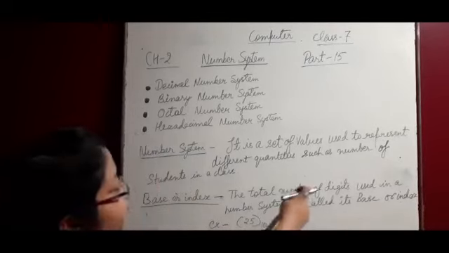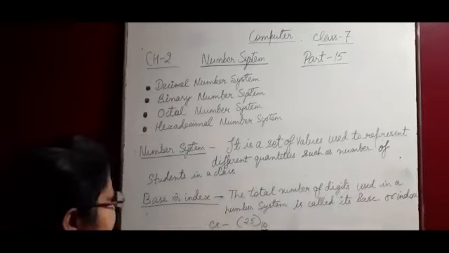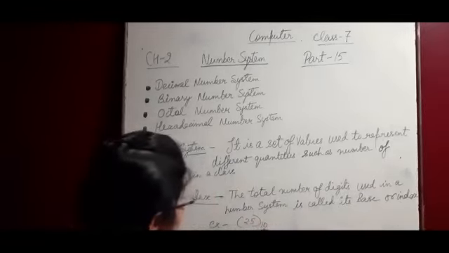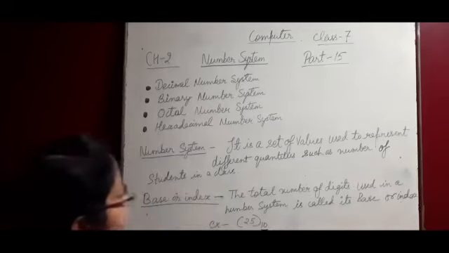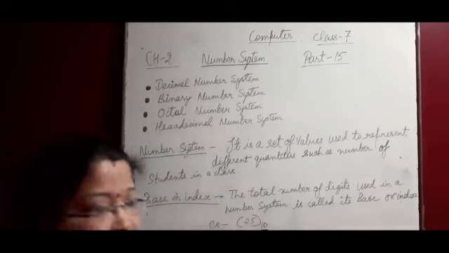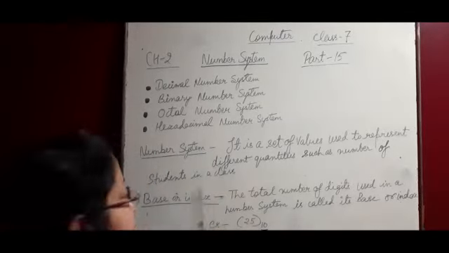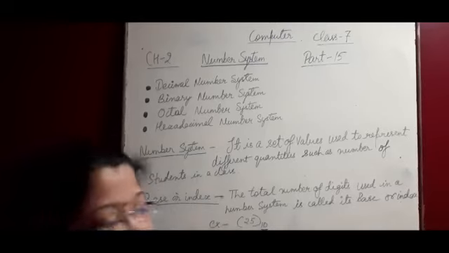So the total number of digits used in a number system is called its base. 25 is a number and the base is 10 because 10 digits are used in the decimal number system. Hope you understood the meaning of number system and what base or index is.